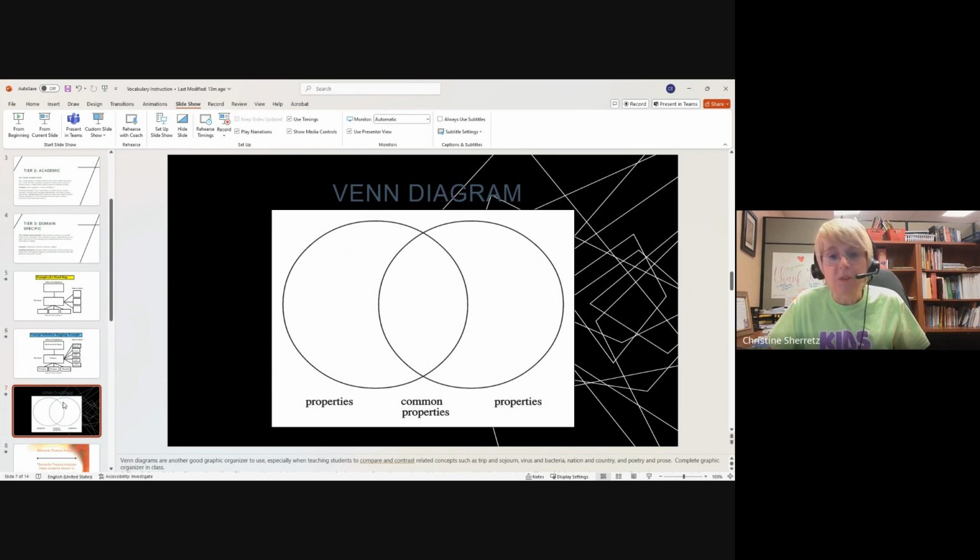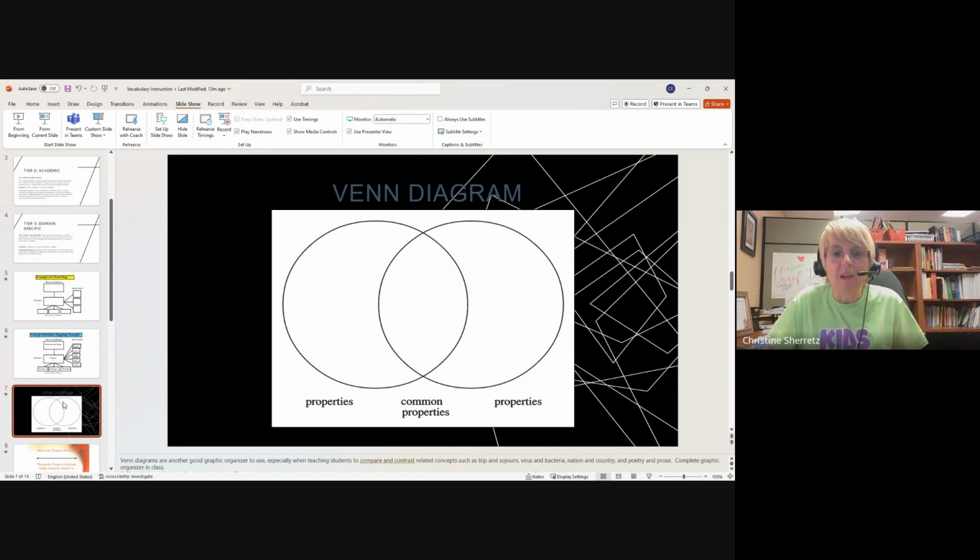Venn diagrams are very easy to use also. Now, with Venn diagrams, you might use a Venn diagram when you're teaching academic words, right? So you might have students use a Venn diagram to, I think when I was teaching, if something was a reptile or a mammal, you might be able to categorize them that way, right?